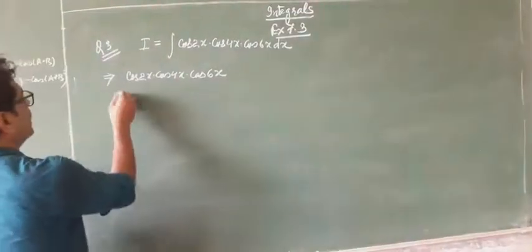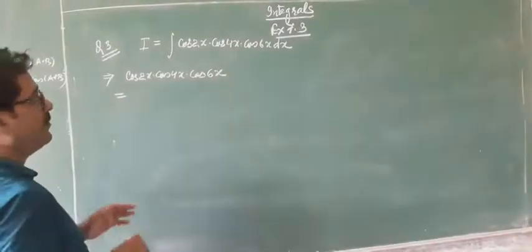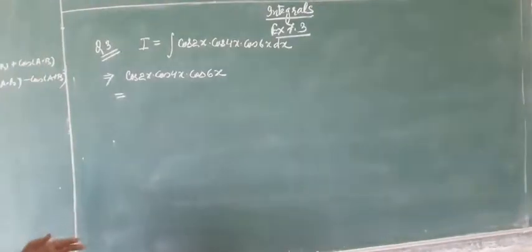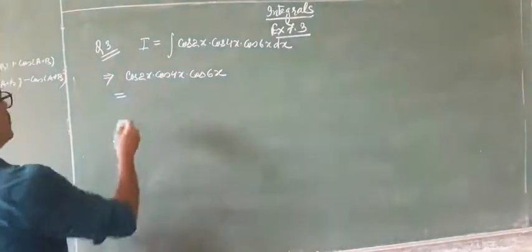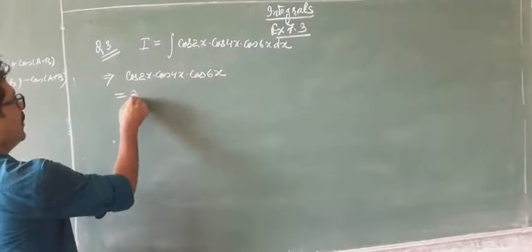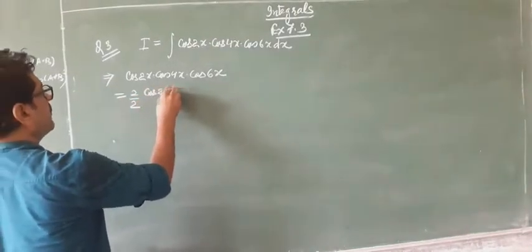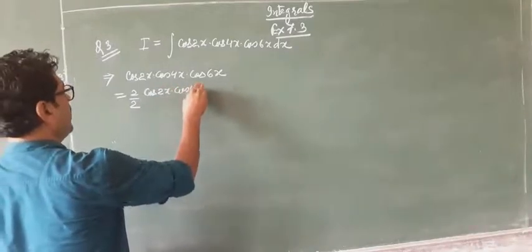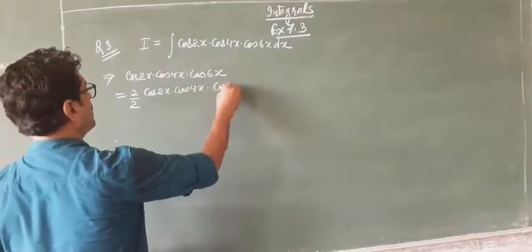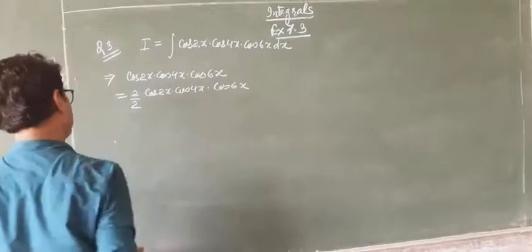We know the formula of 2 cos A cos B. So we multiply by 2 and divide by 2. This is cos 2x, cos 4x and this is cos 6x.